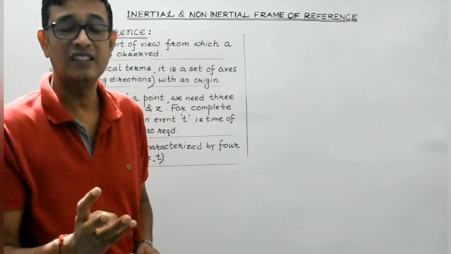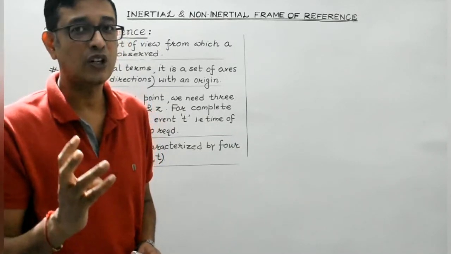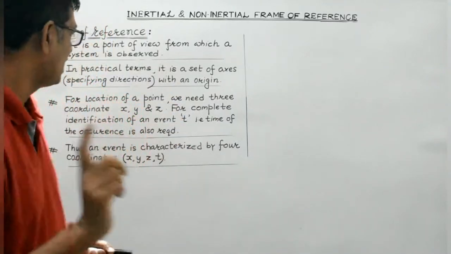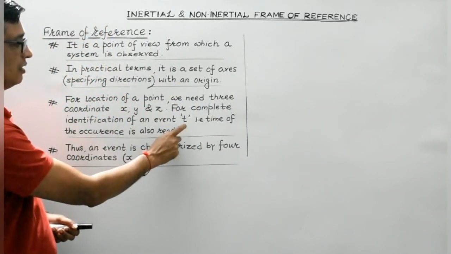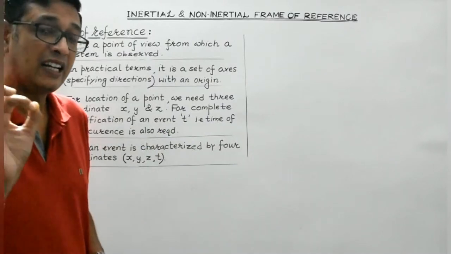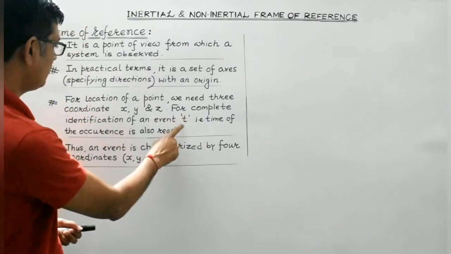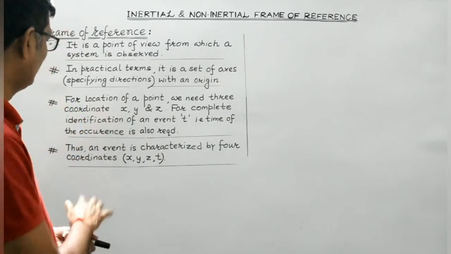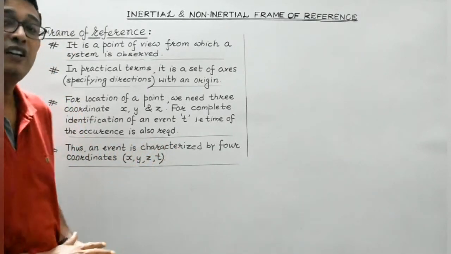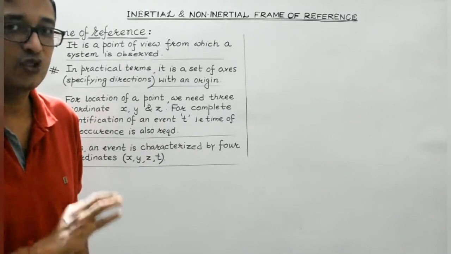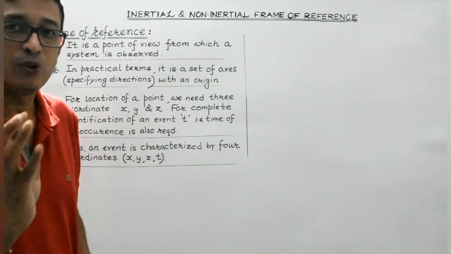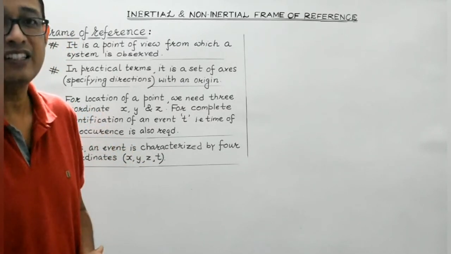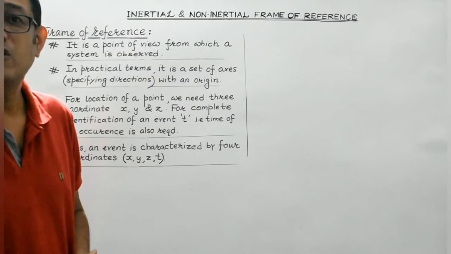So x, y, z, these are the three coordinates which are required to specify the position of a body with respect to origin, right? And time t, for the complete identification of an event, time t is very much required, which is the time of occurrence of an event. So an event is characterized by four coordinates x, y, z, which represent the position of a particular event or a particle or a body, and t is the time coordinate, which is the time of occurrence.